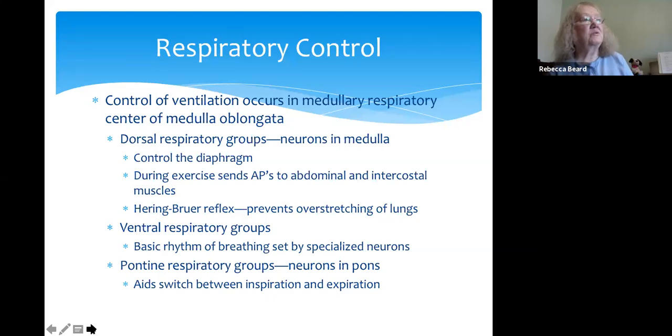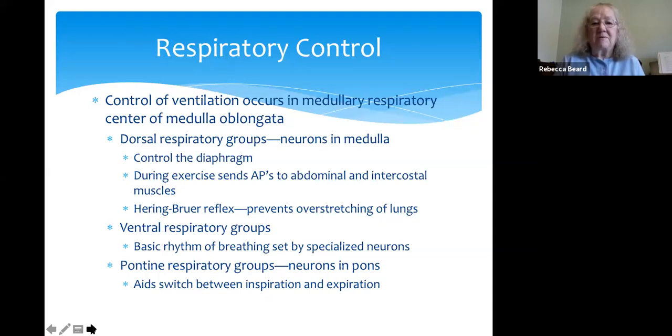We're going to respiratory control, and what causes us to be able to breathe like we do. When we're sleeping, we're breathing and we're not even thinking about it. Sometimes we think about it when we're awake. And we have some voluntary control over our respiration, because if we think, I'm going to pant like my puppy dog, we can do that.